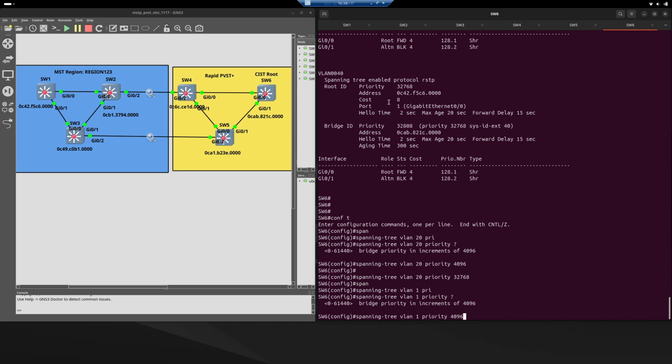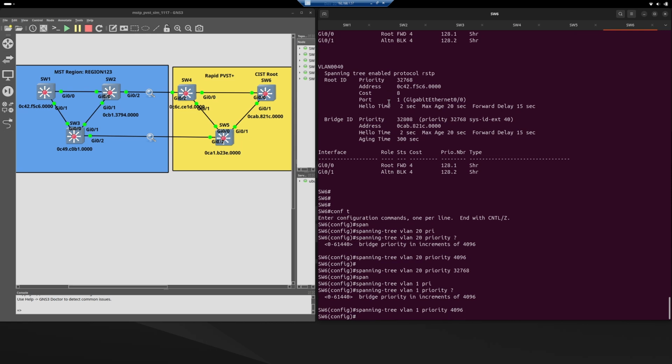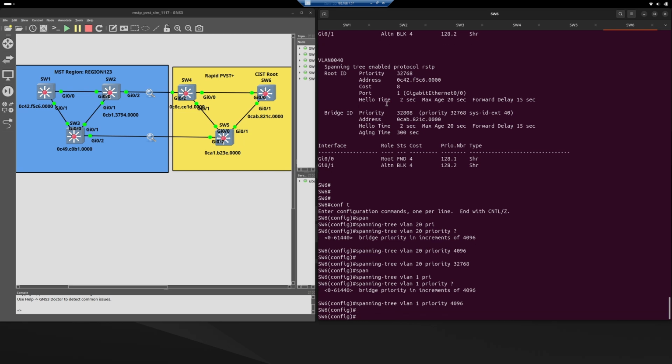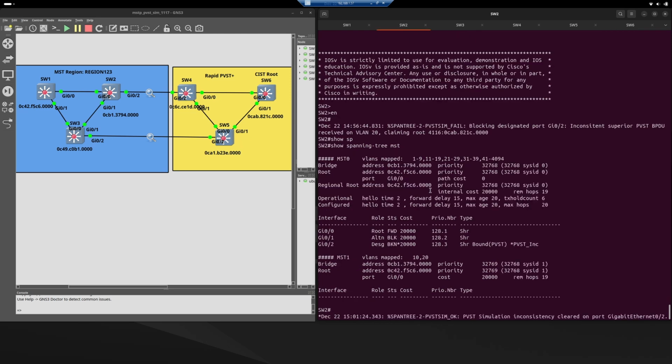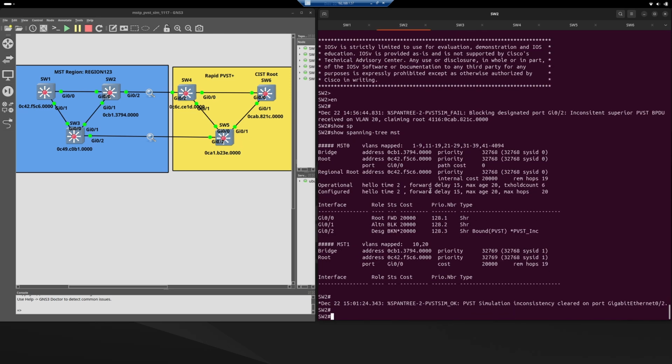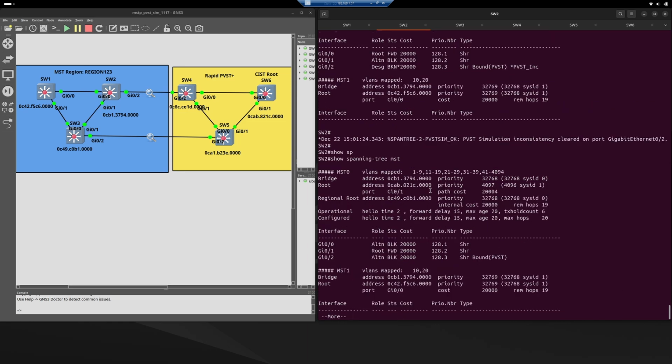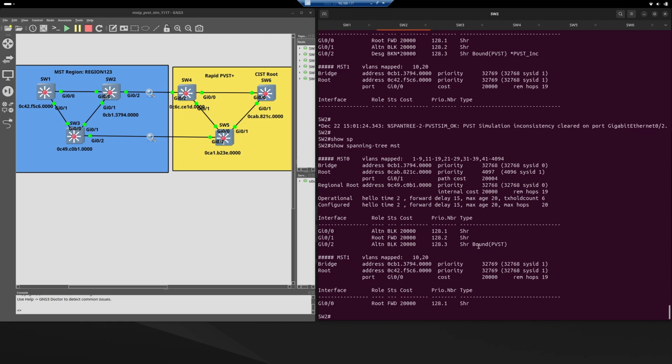And by the way, this configuration should also fail, but let's try and verify on the boundary port on switch 2. So show spanning-tree mst. The boundary port is now blocking, but it has the alternate role, so nothing is wrong here.